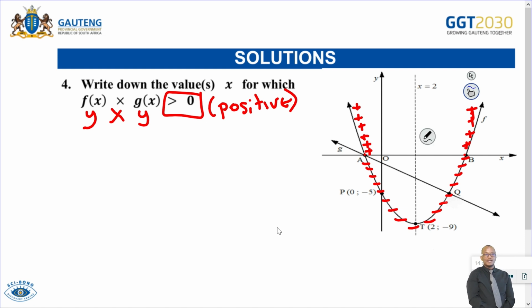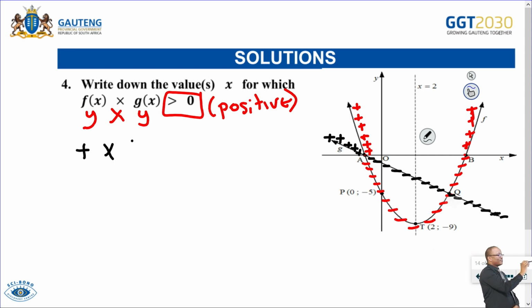Looking at the one now for g, here we have positive. When they get to A, we start having what? Negatives. We start having negatives. So now, remember, when we multiply the signs, positive multiplied by positive is going to be positive.